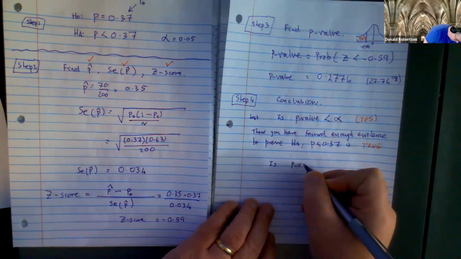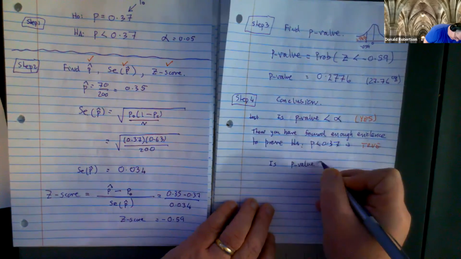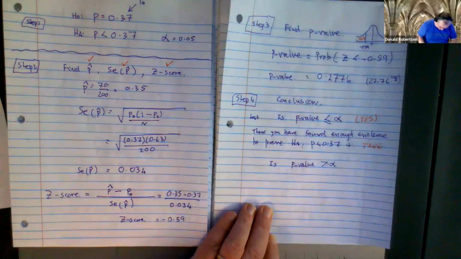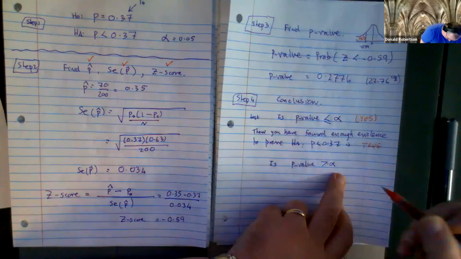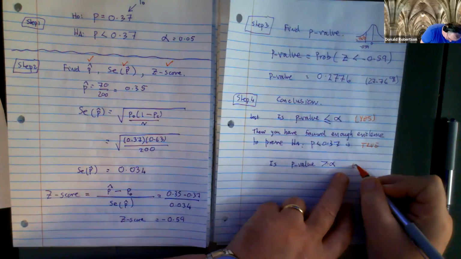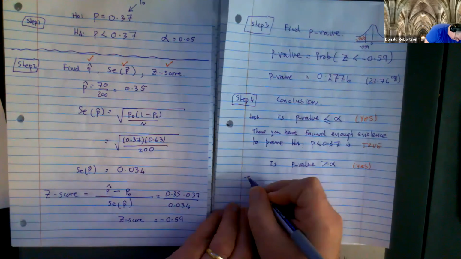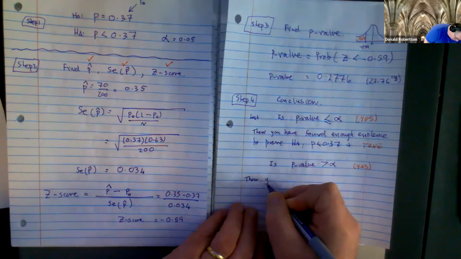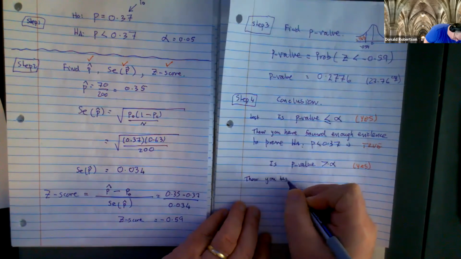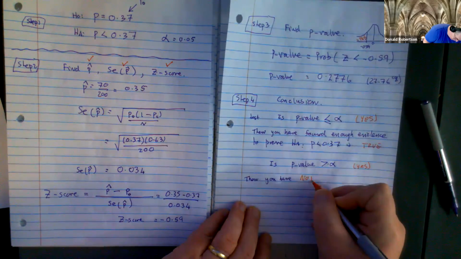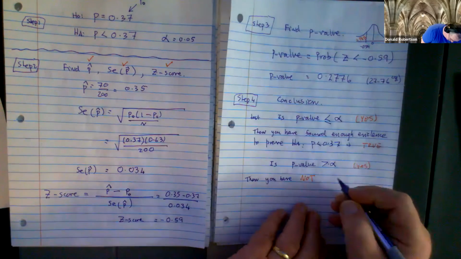Is the p-value, I'll give that the equals, greater than alpha? That can happen as well, right? If the answer to this is yes, it is, then you have not found enough evidence.